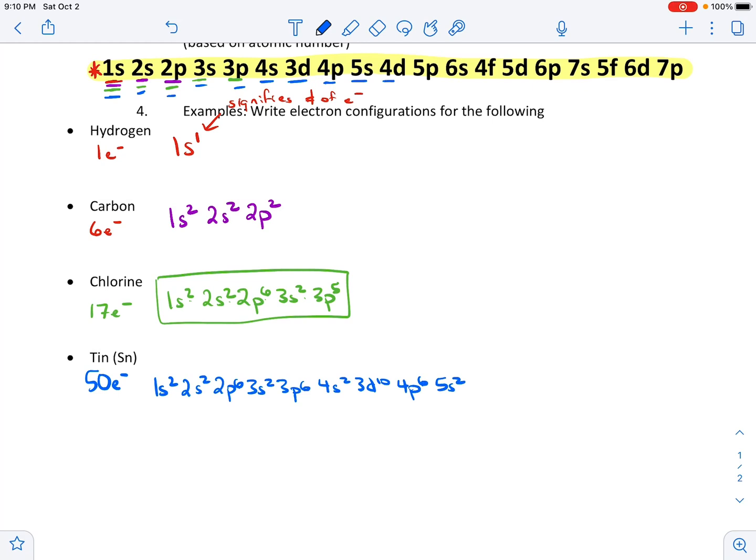We're going to go 4d10. All right, so we're now at 48, so we're getting real close. And then we say 5p2, because we only needed 2 to get there.